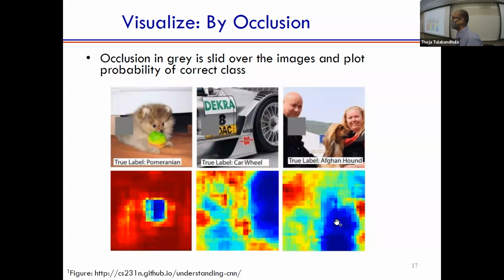So blue means bad and red means good. If I occlude this person's face, it's very confident that this figure is of a dog. If you occlude the dog, the probability of this image being a dog goes down, right? If I cover up the dog, there's no dog in that image. Occlude means cover. If I gray it out, then there are no more dog features to pick up.